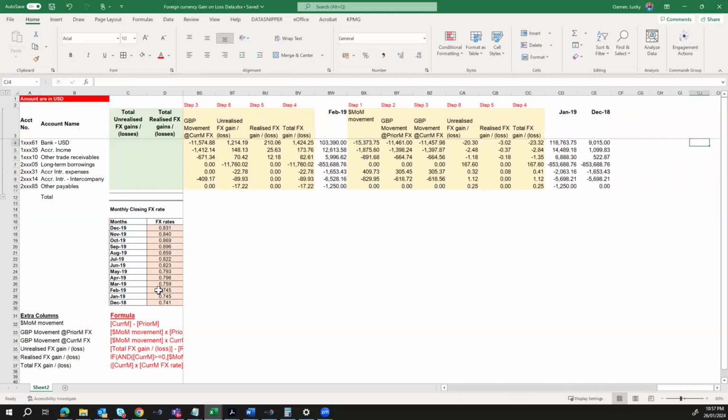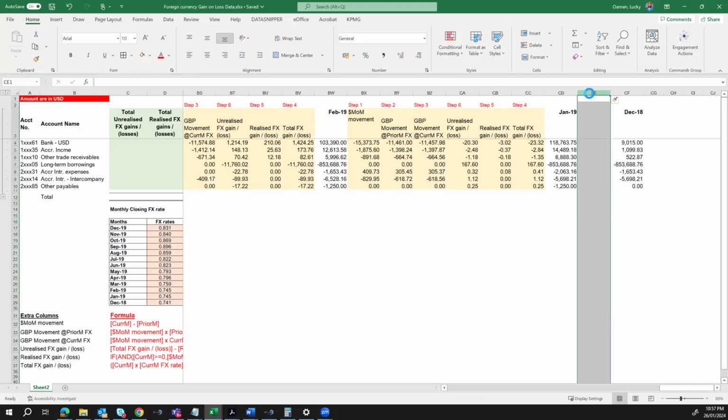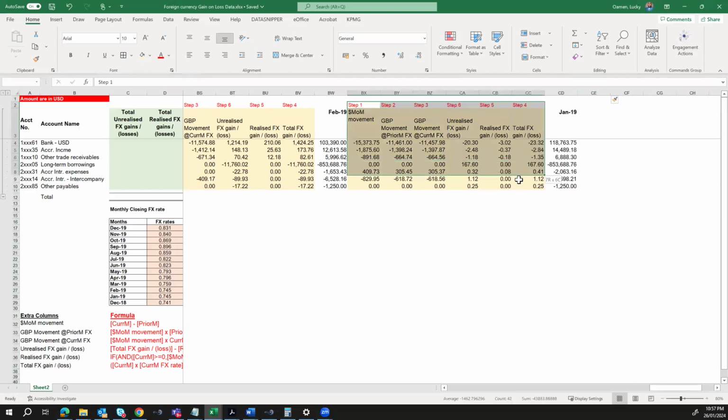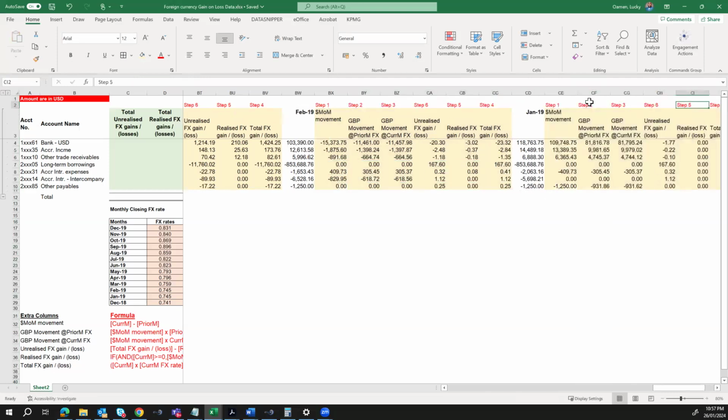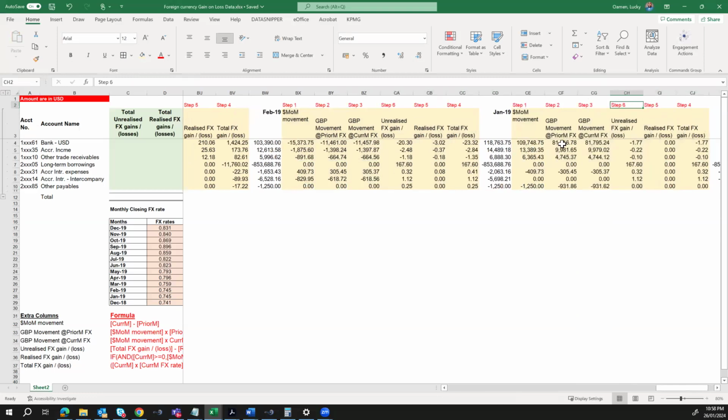And lastly, between December the previous year 2018 and January of 2019, I'm also creating my extra 6 columns. 1, 2, 3, 4, 5, 6. Copy the steps and the formulas, and then change my rates in step 2 to December rate as the previous month. Drag down.